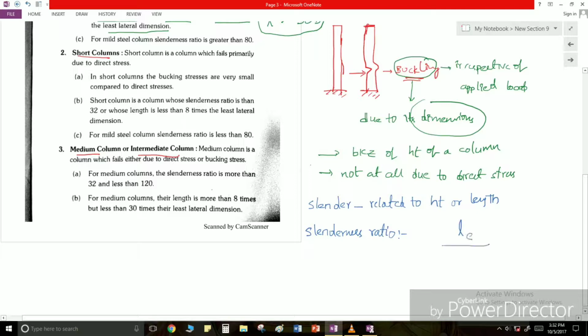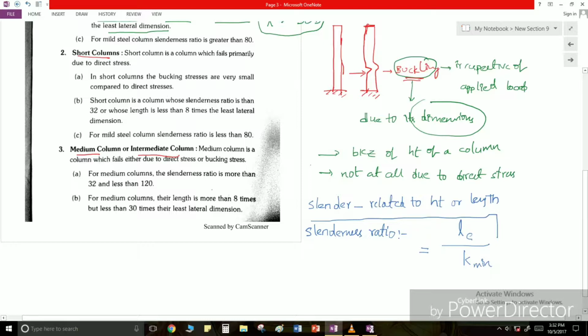Slenderness ratio. It is a ratio of effective length to least radius of gyration. We will denote radius of gyration by k.